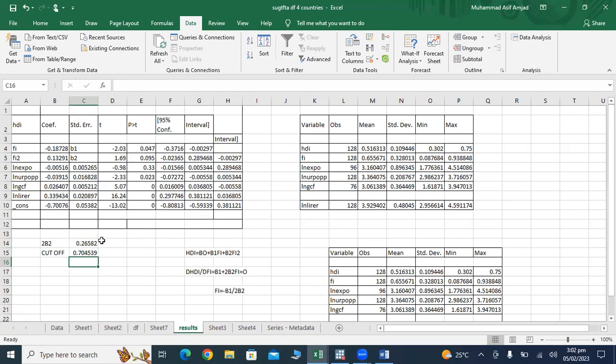It means that if the average value of financial inclusion is less than 0.7045, it shows the inverse relationship. If the value is greater than 0.7045, there is a positive relationship.